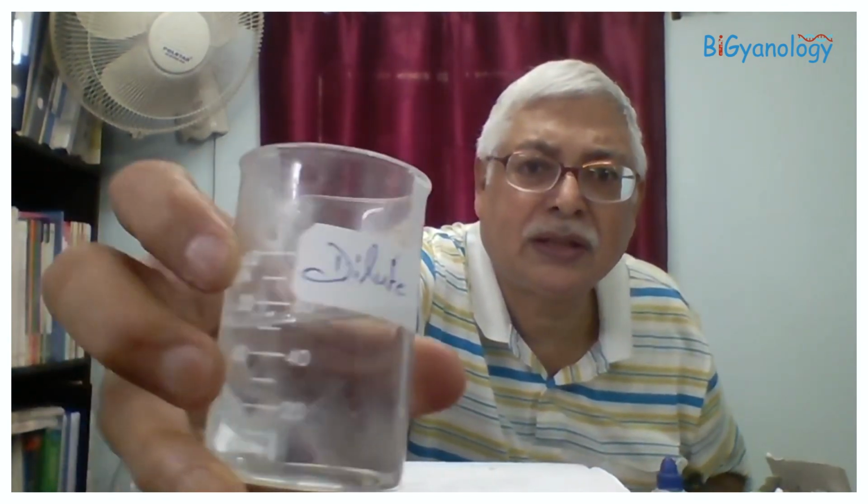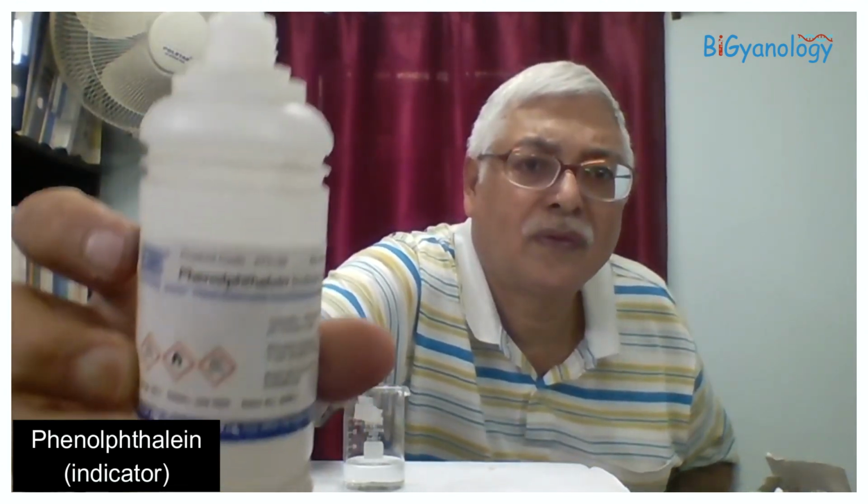For example, if you take phenolphthalein indicator and dilute HCl and phenolphthalein indicator, it does not give any color.